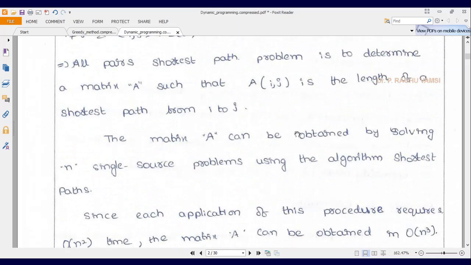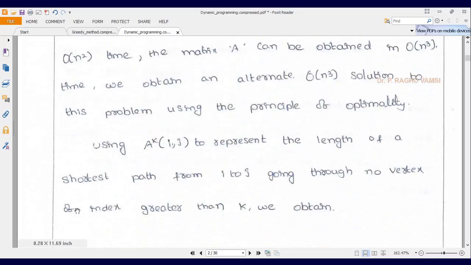All pairs shortest path: determine a matrix A such that A(i, j) is the length of a shortest path from i to j. Here a matrix A can be obtained by solving n single source problems using the shortest path algorithm.